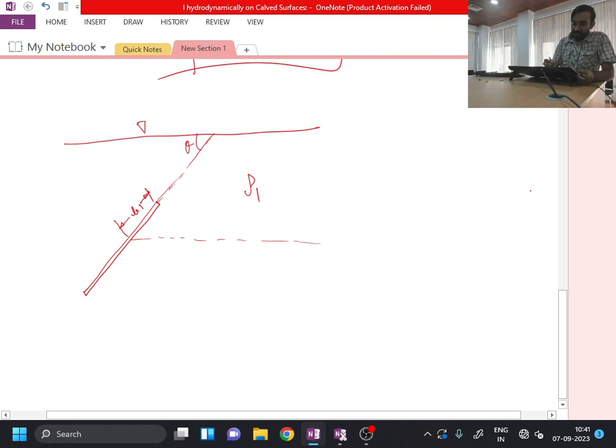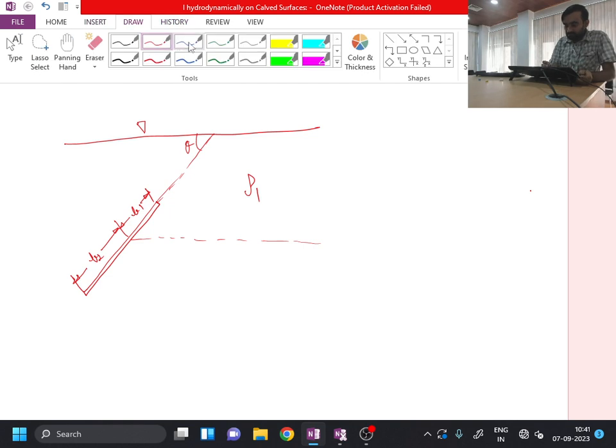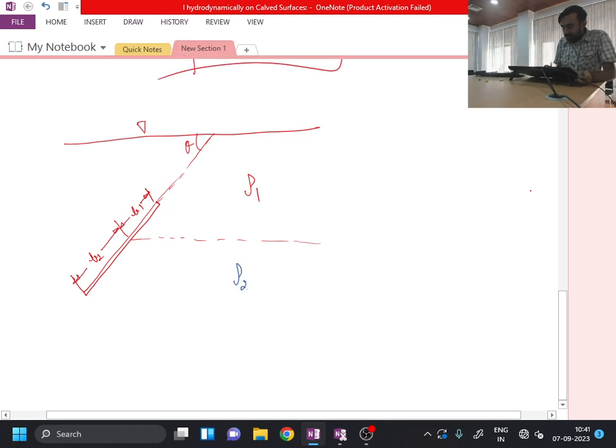Okay, and below this, say B2 portion of the object is submerged in another liquid of density rho 2.